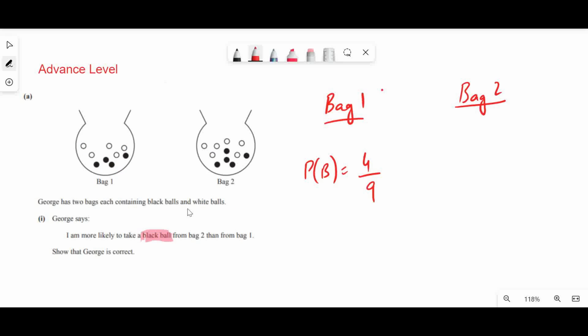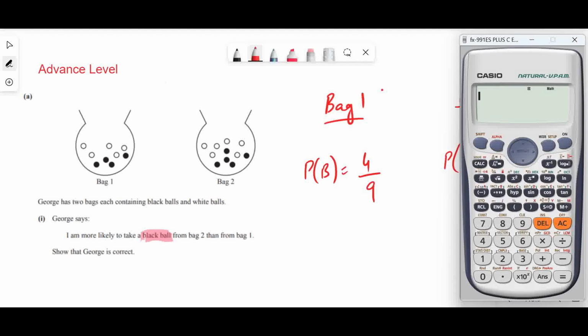So this must be 4 by 9 from bag 1. Now the probability of black balls from bag 2: 1, 2, 3, 4, 5, so this will be 5 by total, that will be 1, 2, 3, 4, 5, 6. 6 plus 5 is 11.